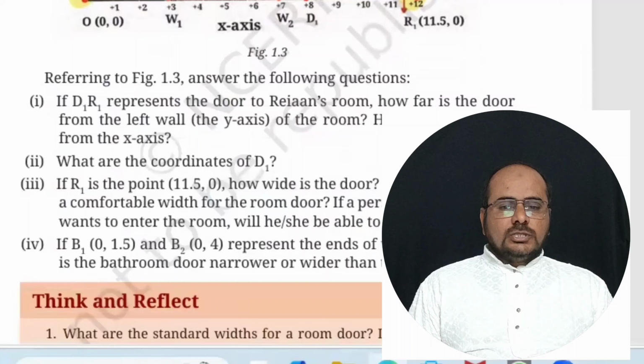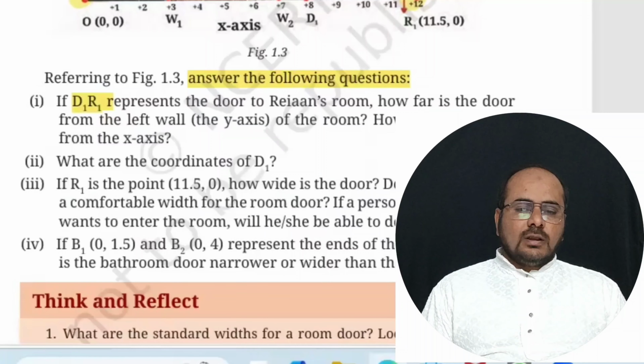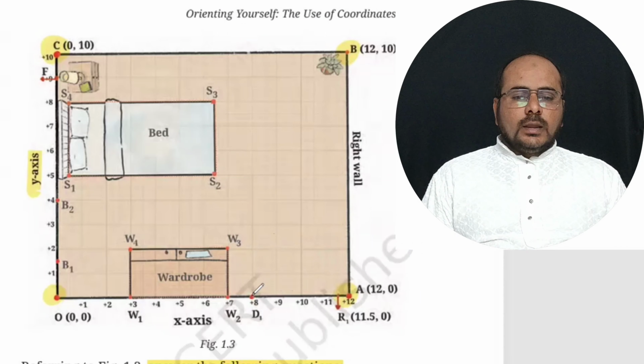Right, we shall continue with the question. Here, answer the following questions. Right, first one. If D1 R1 represents the door to Rian's room, how far is the door from the left wall of the room? Means here the left wall can be considered as the y-axis. Already in the bracket also he mentioned. So here D1 and R1 is given as the door, my dear, in this diagram.